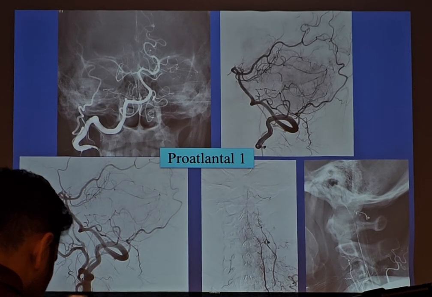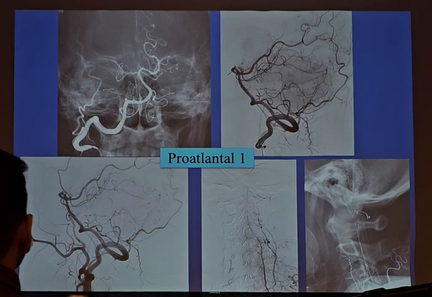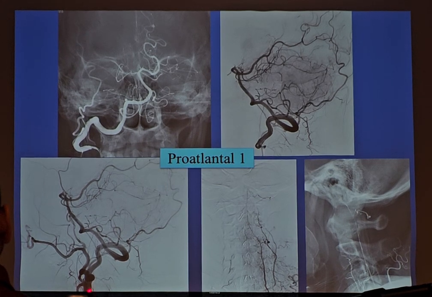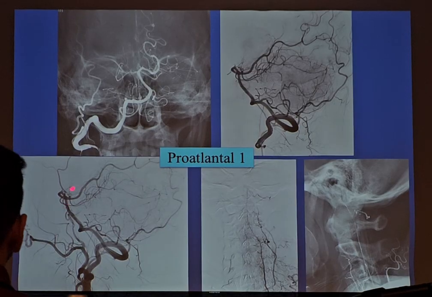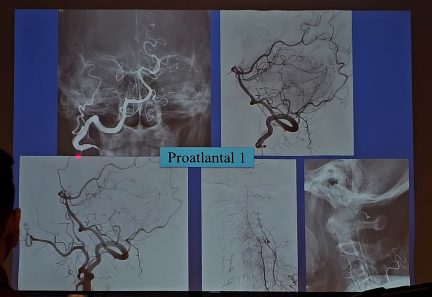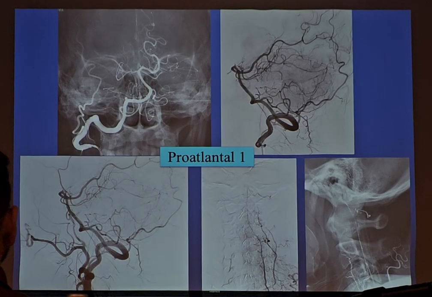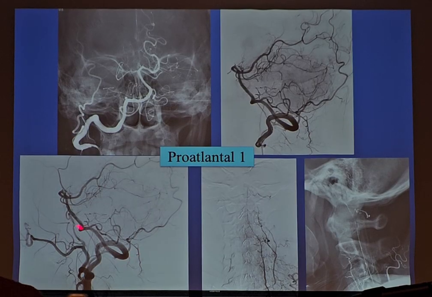This one, the external carotid artery is giving the vertebral artery. The vertebral artery originates from the external carotid artery. This is proatlantal 1. It goes through the C1 foramen and becomes the vertebral artery.